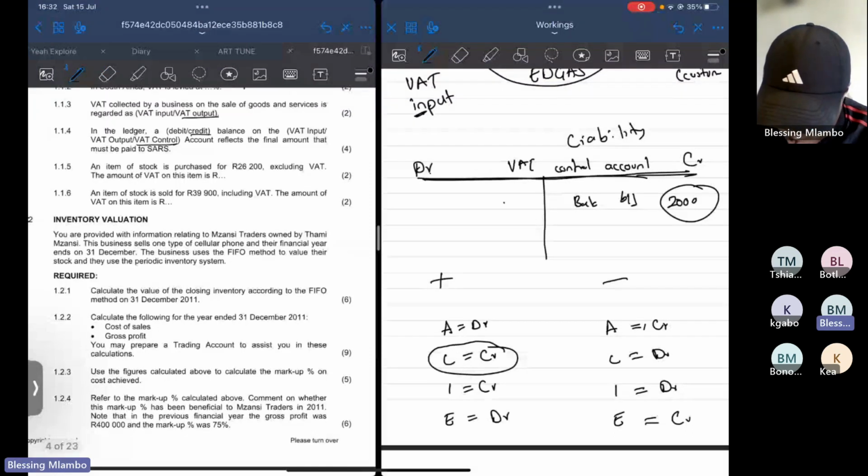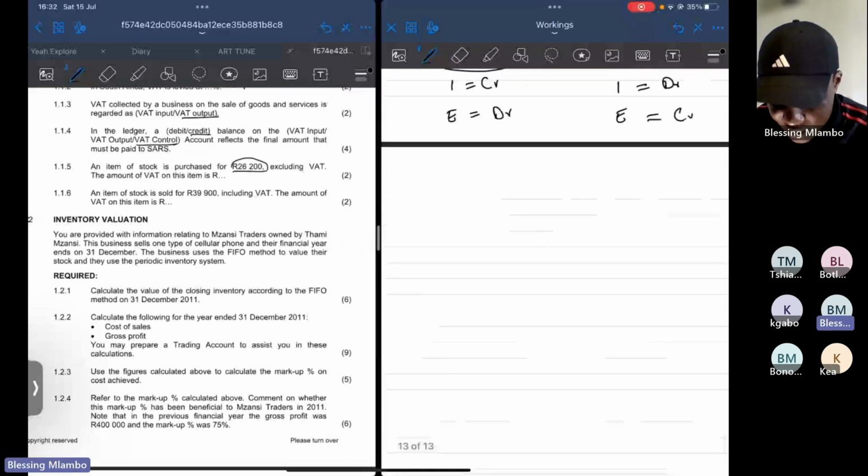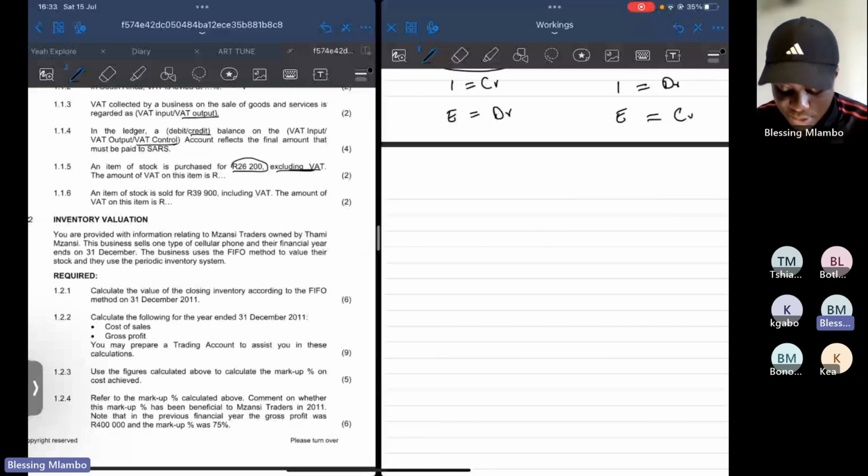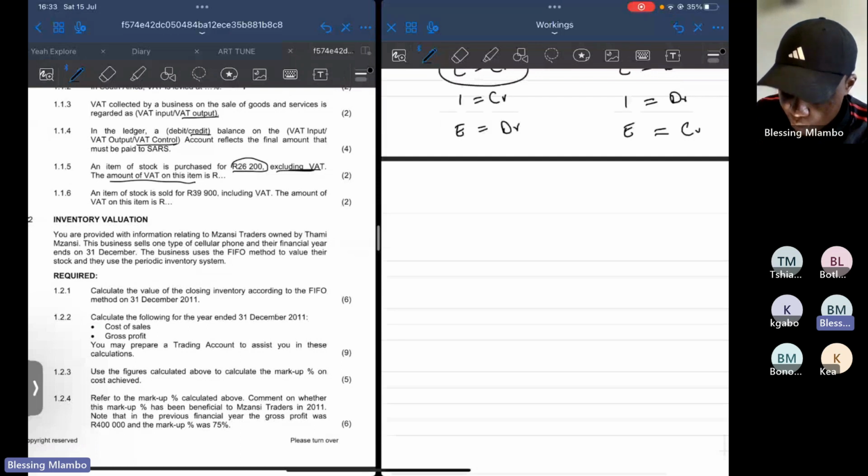1.1.5, an item of stock is purchased for 26,200 excluding VAT. So this is very important, whether something is including VAT or excluding VAT. And then they ask you what's the amount of VAT on the item. So remember that when you're buying an item, the amount excluding VAT is 100%.